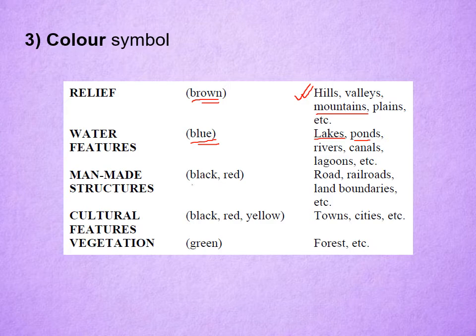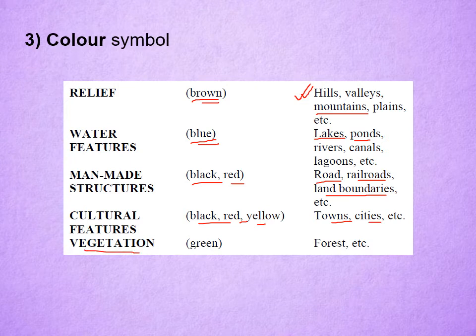Whenever we see black or red color, darker color, those are mainly roads, railroads, land boundaries. For cultural features, we again use black, red, yellow, of different shades, that indicate towns or cities.